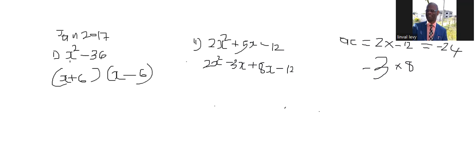Good. Then we group them, then take out the highest common factor. The highest common factor for 2x squared minus 3x would be what? x. So we have x.